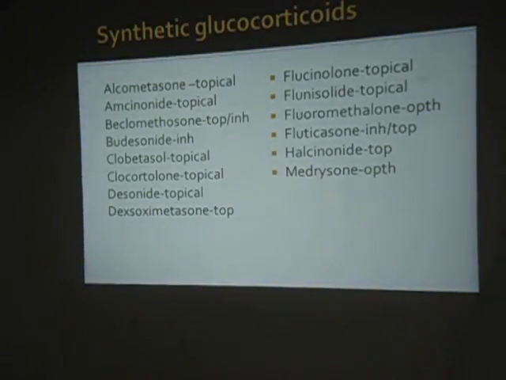Then clobetasol, the popular topical drug; desonide, they use it in combination with clindamycin for acne. Fluocinolone, flunisolide form part of the intranasal sprays also. They are used topically, and fluticasone for inhalation.